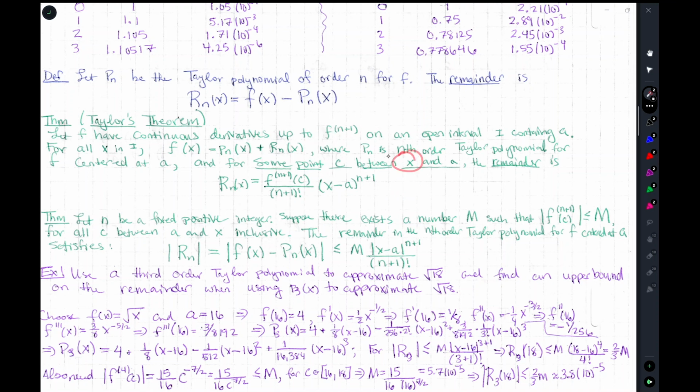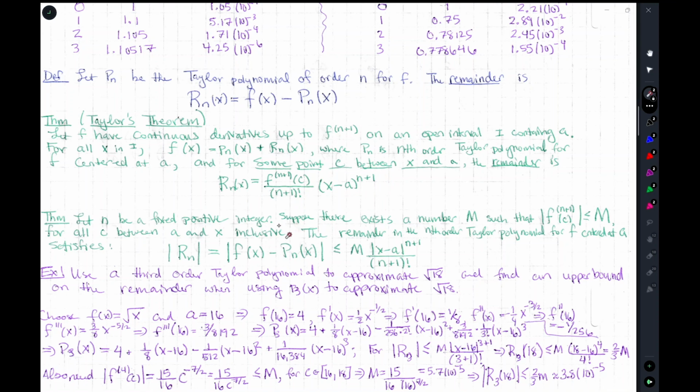So some arbitrary variable x. But for some point c between x and a, the remainder is given by that formula there, where you have the n plus first derivative of f evaluated at this c, which we don't know where it is, but we do know that it is between x and a, over n plus 1 factorial times x minus a to the n plus 1.